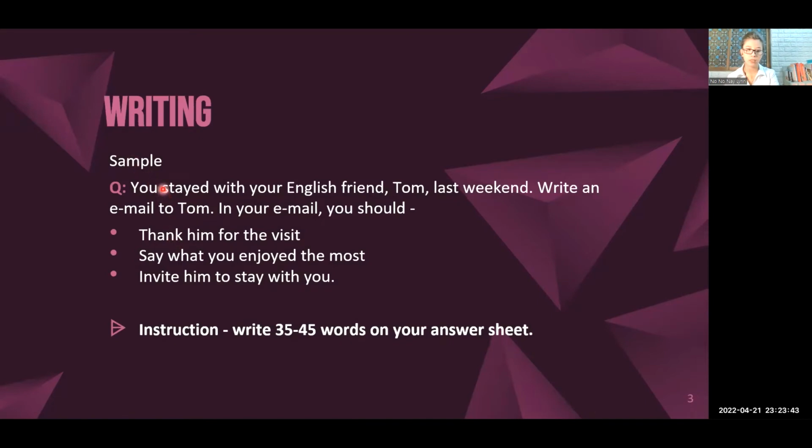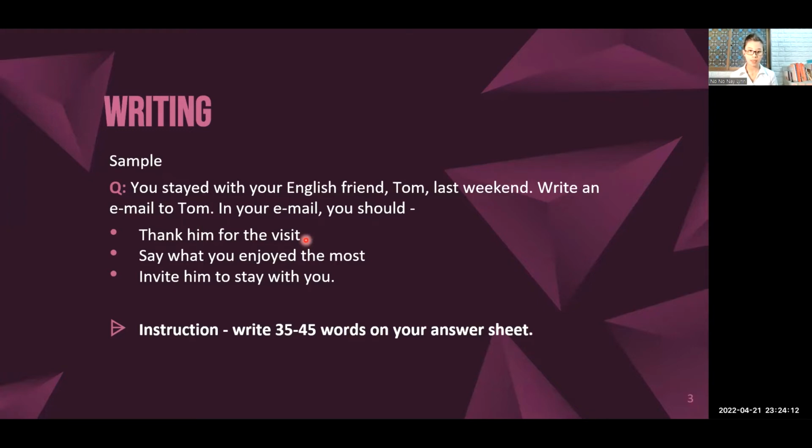Here it said you stayed with your English friend Tom last weekend, so last Saturday and Sunday. Write an email to Tom. In your email, you should thank him for the visit. So appropriate word selection would be, for example, since it says thank him for the visit, something like I would like to thank you, I would like to say thank you, or I would like to express my gratitude.